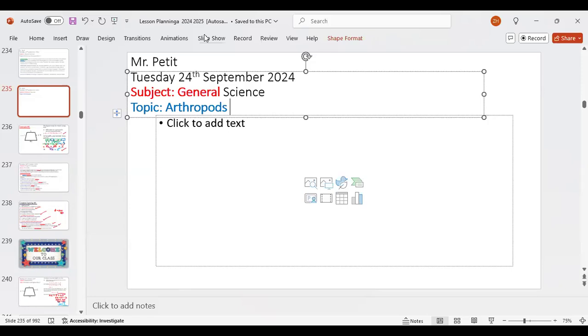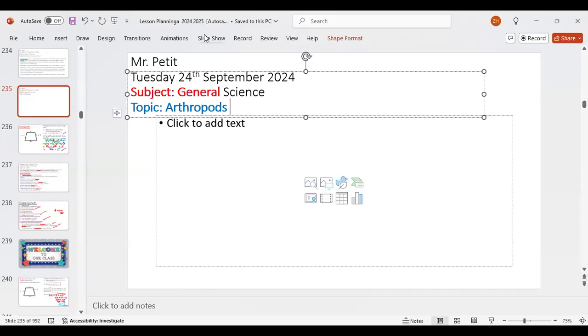Turtle. Reptile. Flamingo. Bird. Dolphin. Mammal. Isn't it a mammal? Yes. Say cetacean. It is a mammal. A dolphin is a mammal. Stingray. Fish.